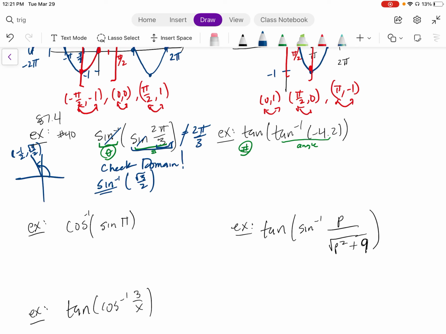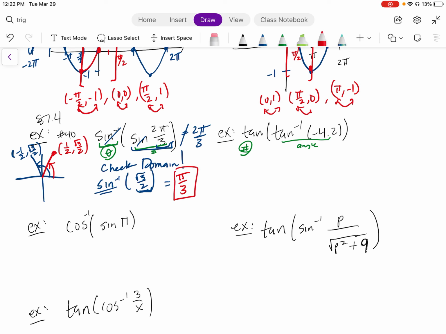We should always stick with quadrant 1 or 4 because this is positive. I know I'm in quadrant 1. So the angle who has a sine of root 3 over 2 is going to be that angle, because that has this coordinate, and that is 60 or pi over 3. So that is our final answer.